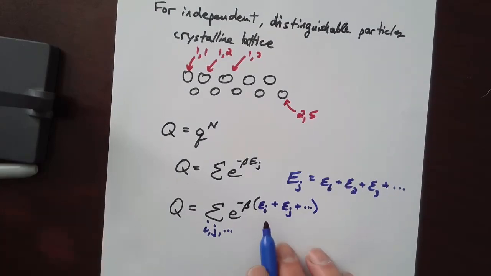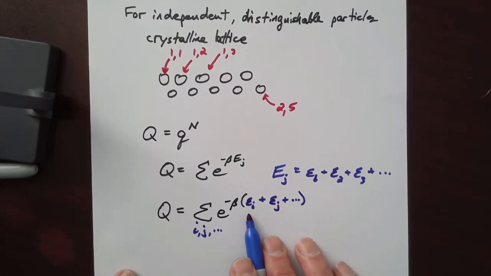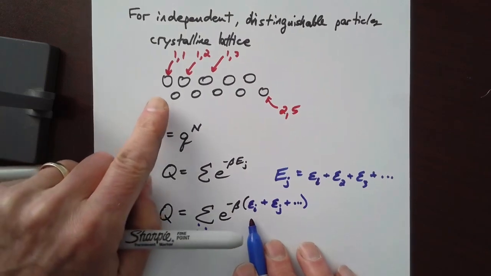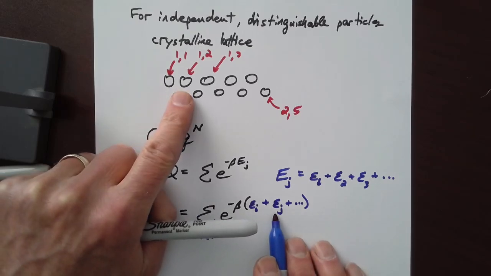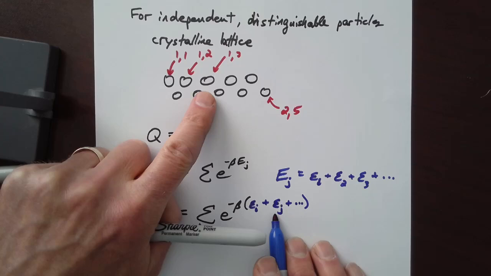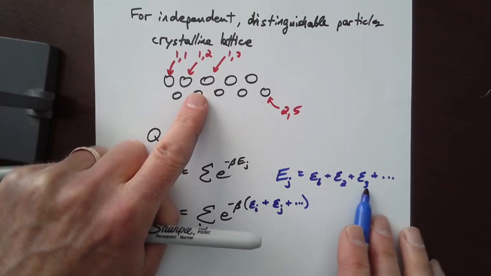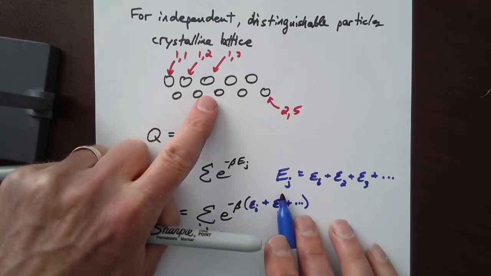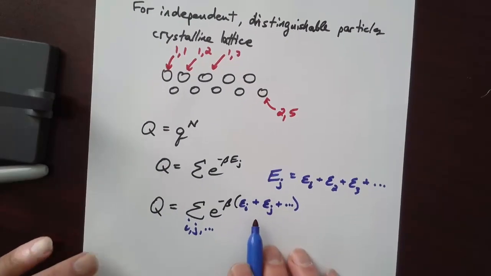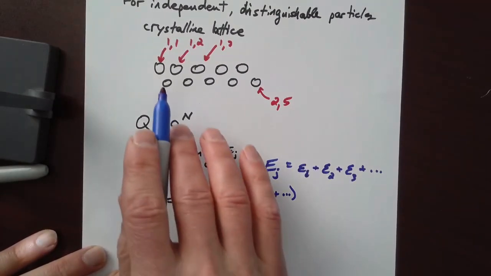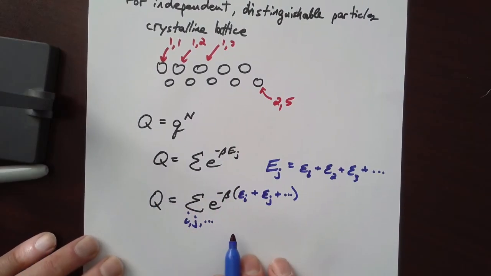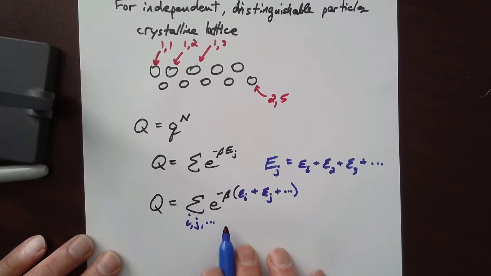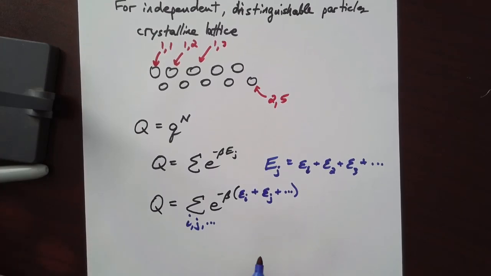Okay, so what are we summing over? These are all the molecular energies of, say, this atom. These are all the molecular energies of this atom. And so on. So we're adding up all the molecular energies, which gives us the total energy, and we're just going to substitute that in. But we don't just add up the energies of each here in this summation. Remember, this partition function is a summation over all energies, not just one energy state.